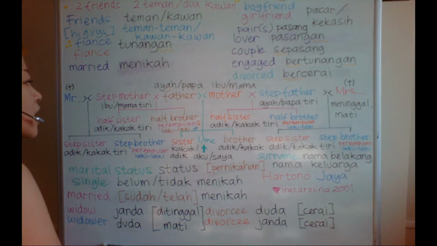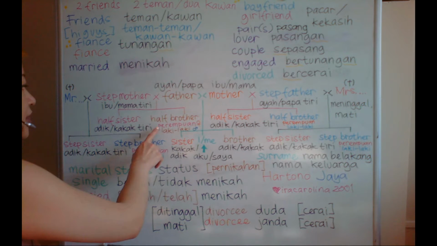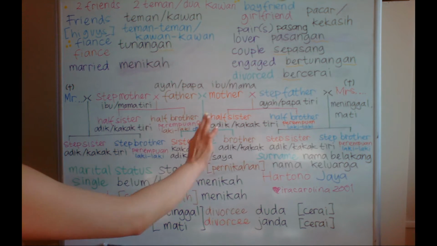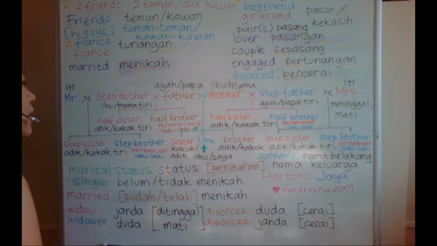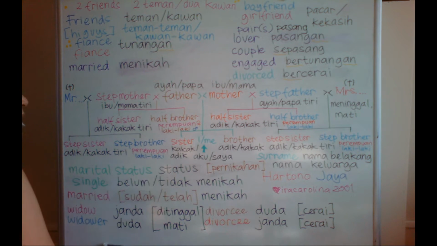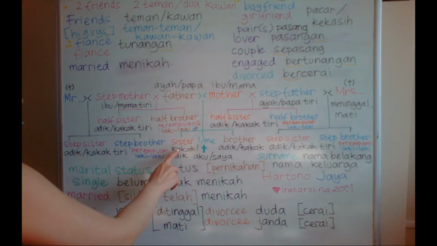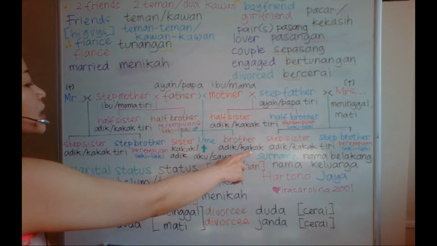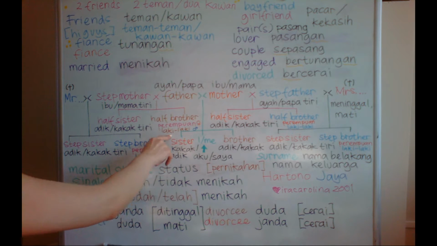If you want to say female, you add a space and then perempuan. Male, you put a space and then laki-laki. So, kakak or adik perempuan, adik or kakak laki-laki.